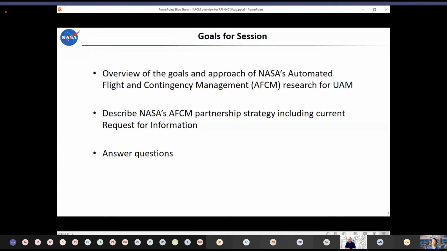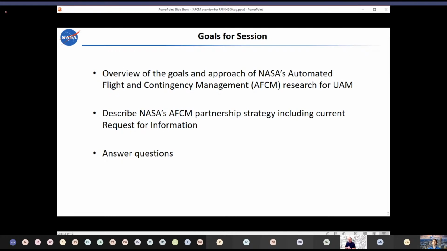So the goals for the session today: we want to give folks an overview of what NASA is planning for the automated flight and contingency management area, specifically focused on urban air mobility. There's actually a couple of projects that have latched on to the AFCM name, but have various applications.